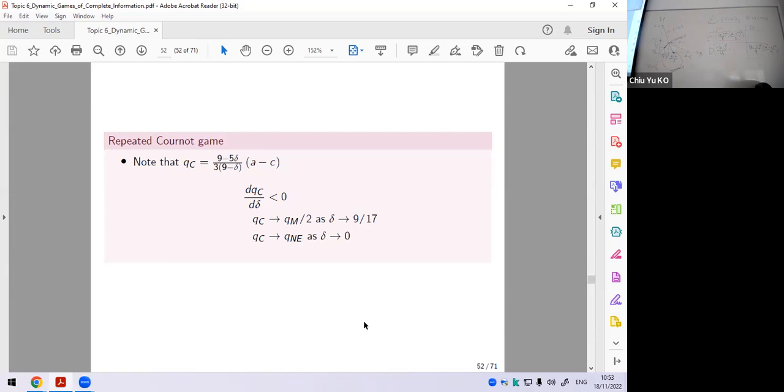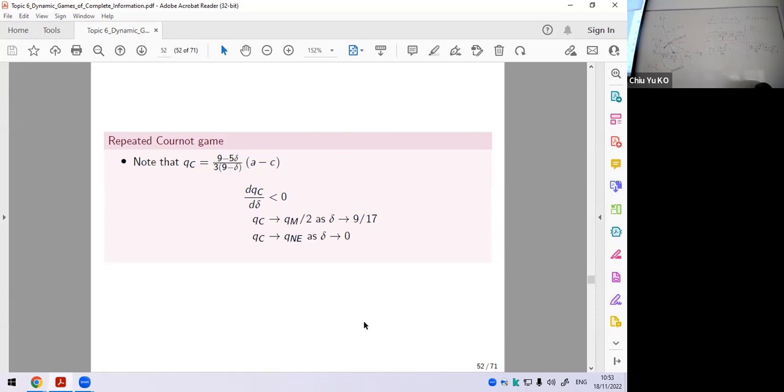A over 2 minus 4. So it's just like this, the half of QM. Like this. Okay, I don't know if it's concave or convex, but I think this is the graph. Looks like this, right?